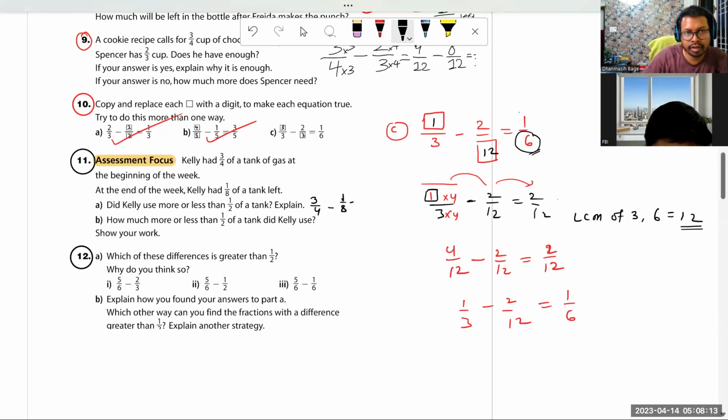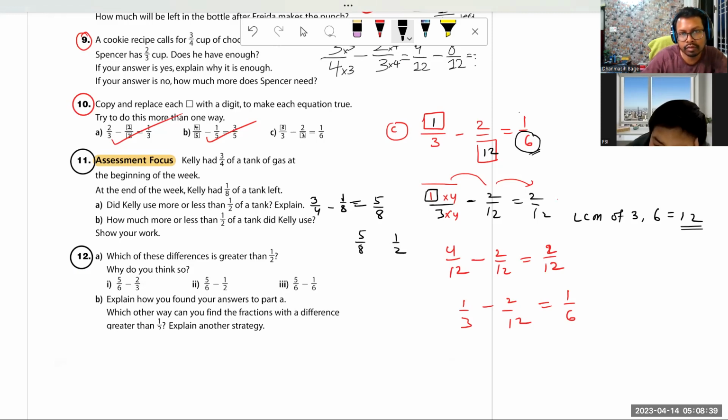So 6/8 minus 1/8 is 5/8. Now is 5/8 greater than half or not? Tell me which one is greater, 5/8 or 1/2?